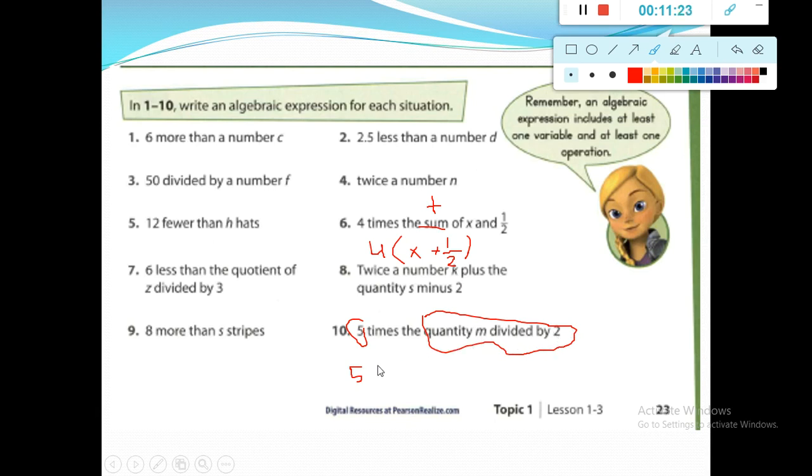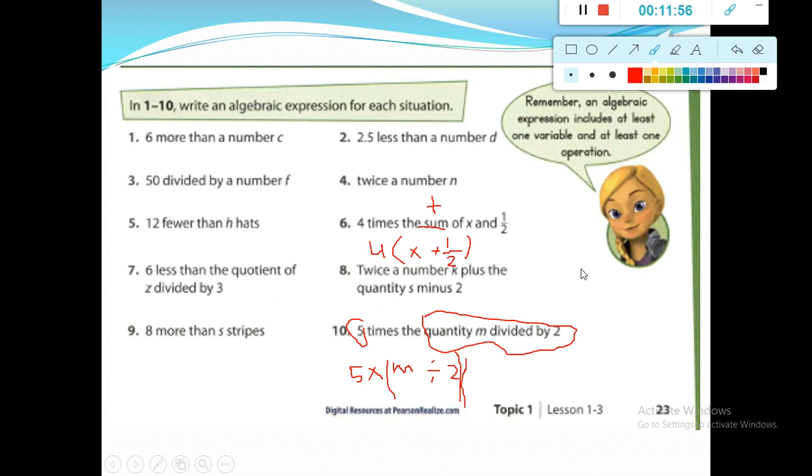We can put multiply, we can put brackets, we can put m over 2 or m divided by 2. If you put brackets or not, it is the same.